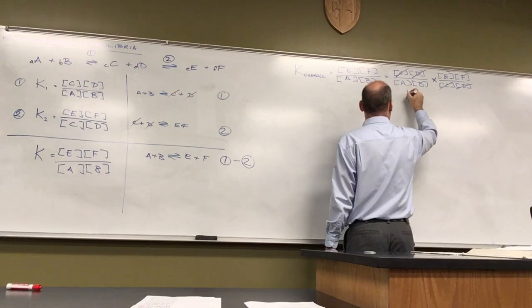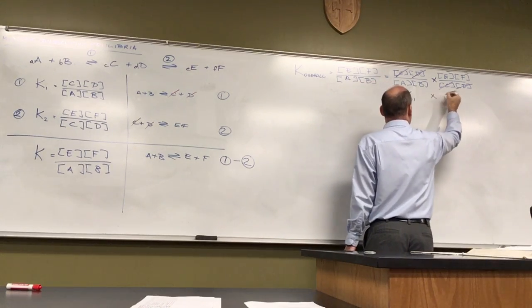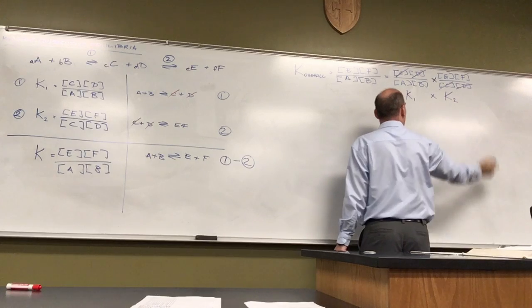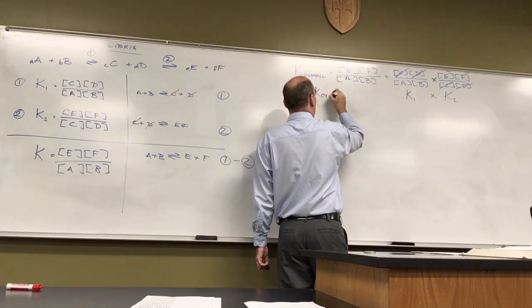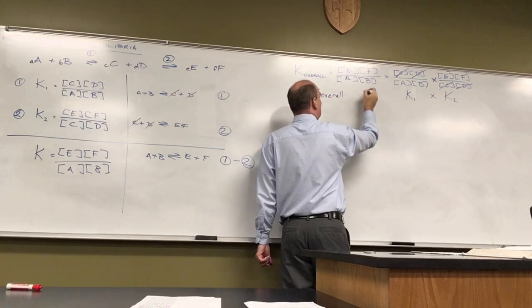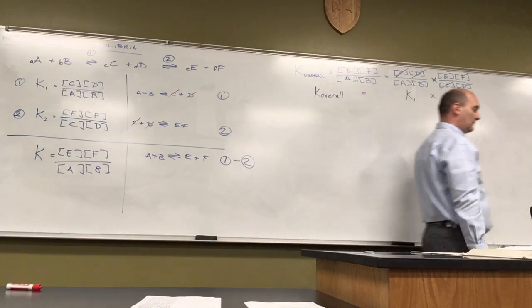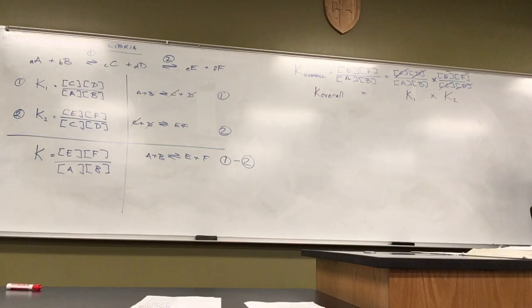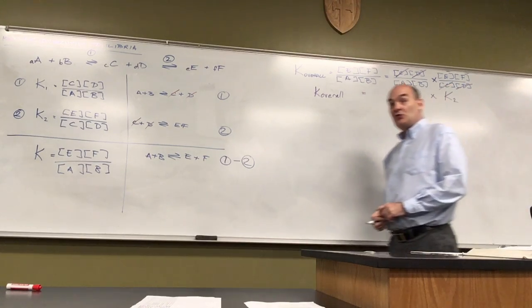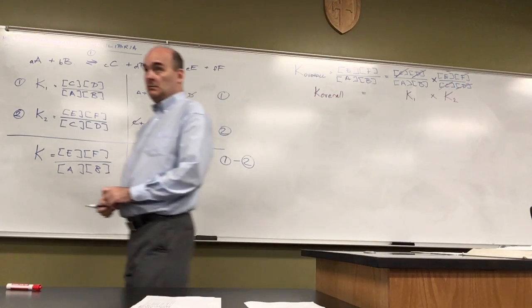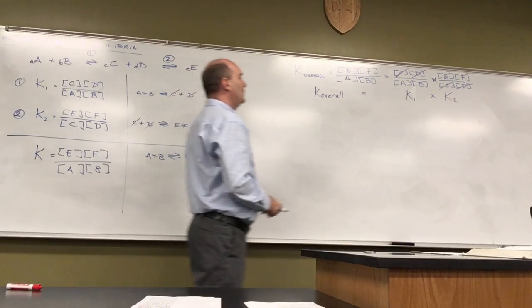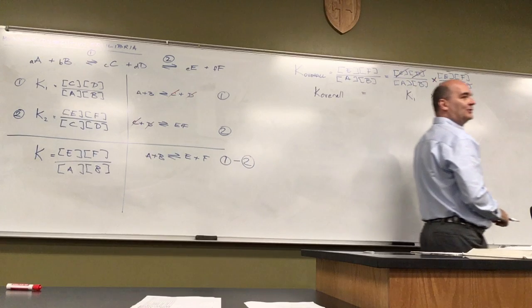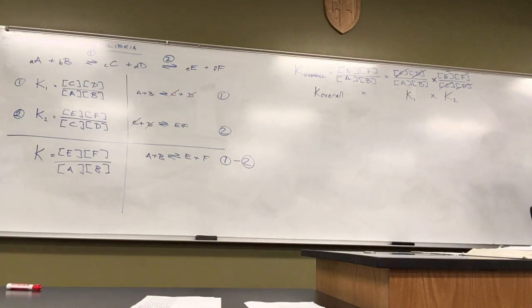Yeah, that's K1. Q2. So K overall. So the reactions subtract, the value of the equilibrium constants multiply.